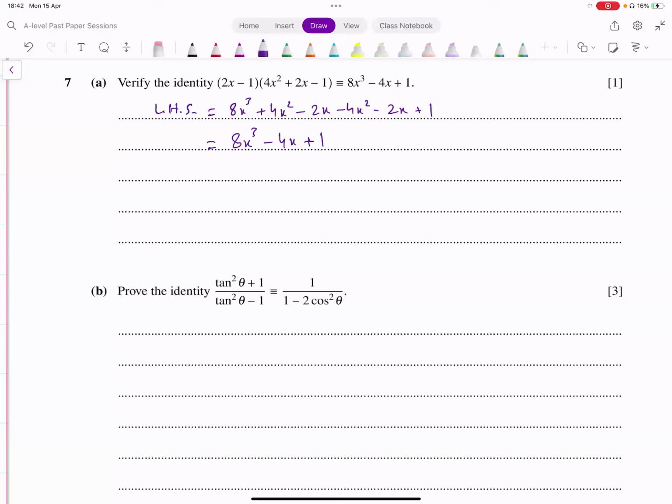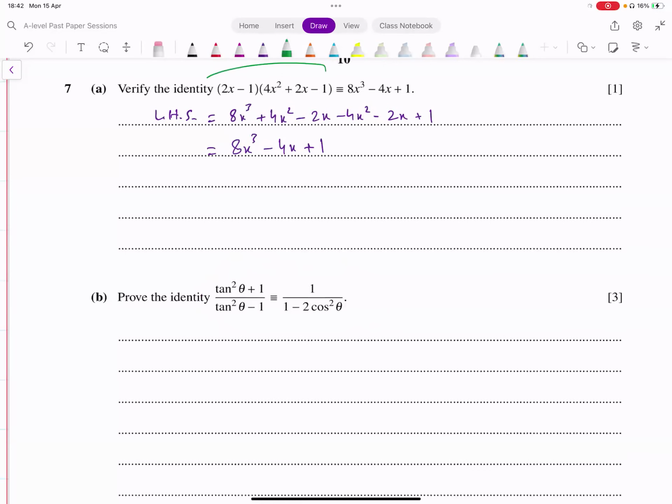Now, the second part says prove this identity. Now, notice they've asked you to verify this identity in the first part, and then they have introduced something completely different, which is some trigonometric identity that you need to prove.